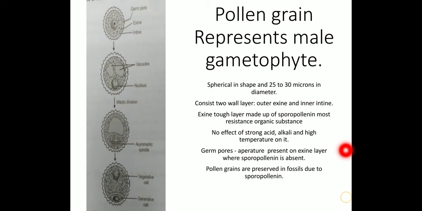Actually, the exine is made up of two wall layers. The inner layer is called endexine, the outer is called ectexine. Again, ectexine consists of three layers: the inner continuous foot layer, the middle discontinuous baculate layer, and the outer discontinuous tectum.